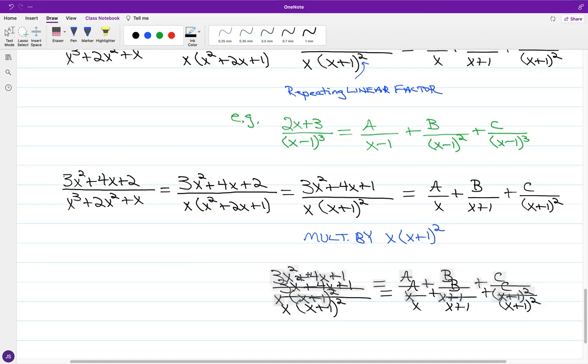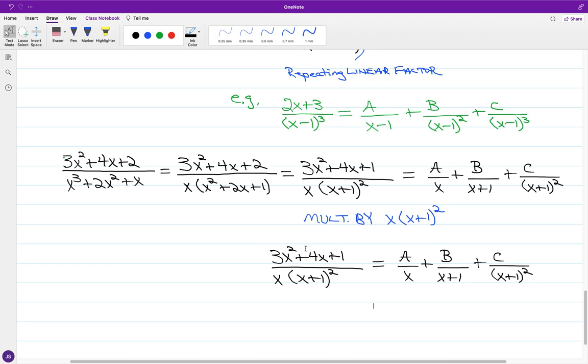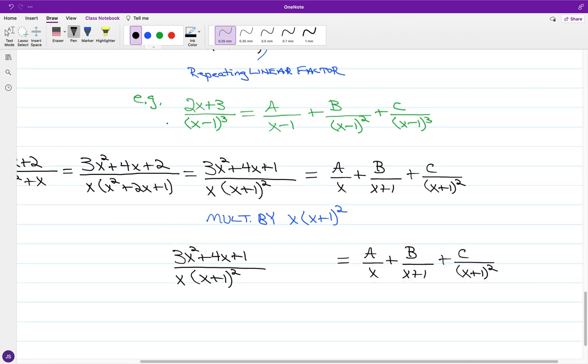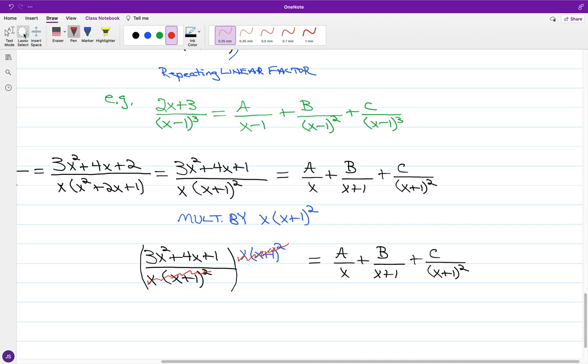For the left-hand side, for the first ratio, I'm multiplying by x and the square of x plus 1, so we have a complete elimination. Now for the terms on the right.